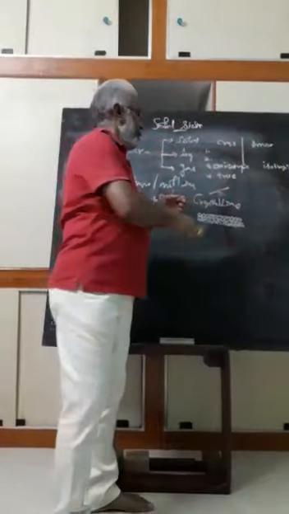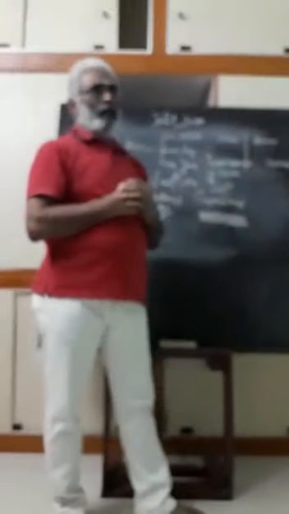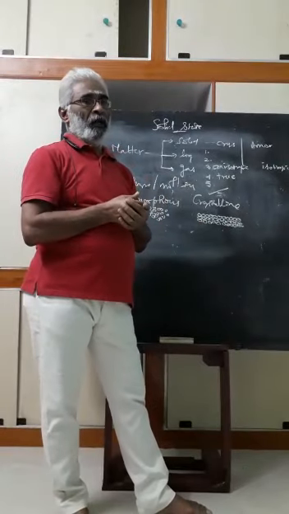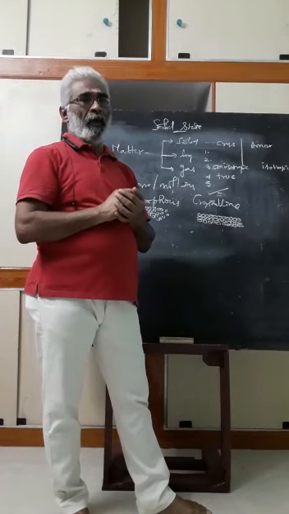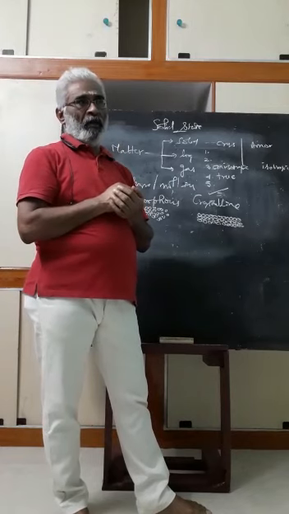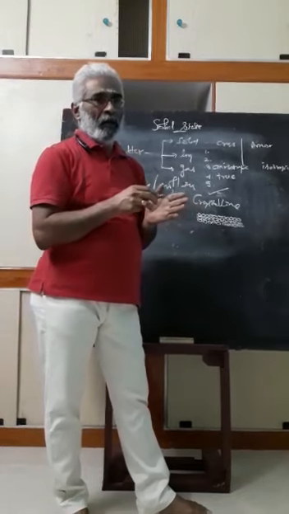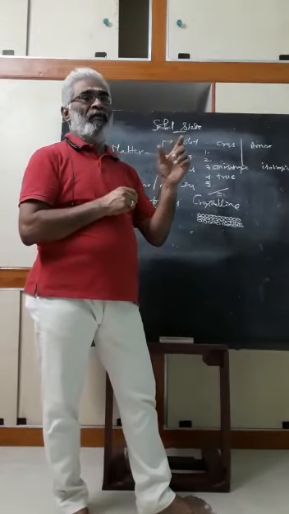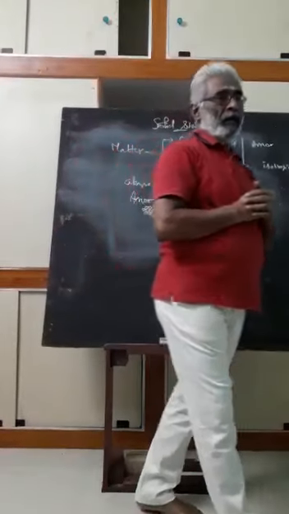Then when you compare the heat of fusion, you know what we mean by heat of fusion. You take a certain quantity of a solid, say 1 mole of a solid, and heat it to melt. For complete fusion, complete melting, it requires a certain amount of energy that can be expressed in kilojoules or kilocalories.